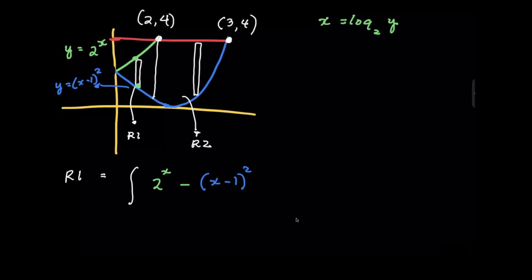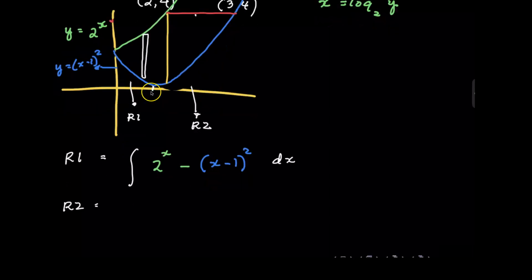And then we have the width. What is our width? The width of the rectangle is dx. By the way, I corrected the graph here because the vertex occurs here and this is at 2. So what will now be the limits of integration when we slide this rectangle for region 1? My x would be from x = 0 up to 2.